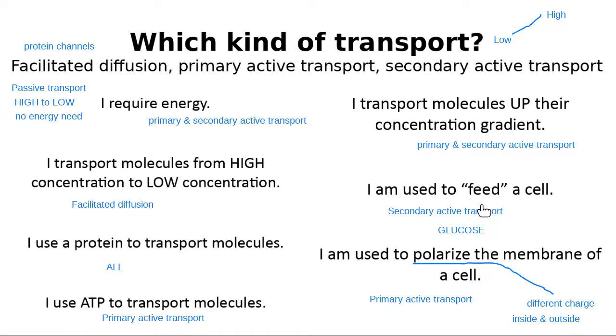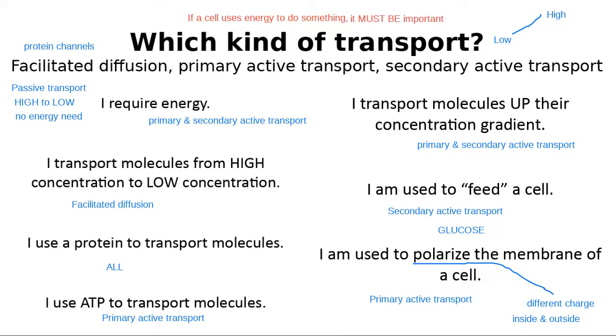We definitely need the cell to have food. That's why we're willing to use some energy to do that. Remember, here's one of our big idea takeaways from last time's class: if a cell uses energy to do something, it must be important.